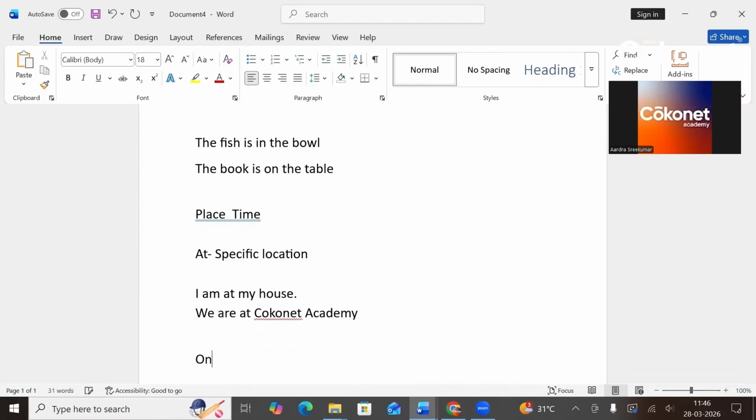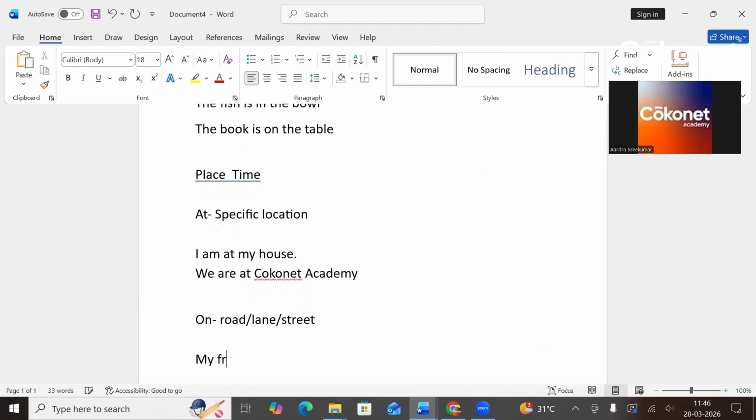Now, let's look at the preposition on. If I have to talk about anything related to road, lane, or street, I can use on. For example, my friend is waiting on MG Road, indicating it's a road. Right? So, say it's a lane or a street, anything it may be, you could use on.